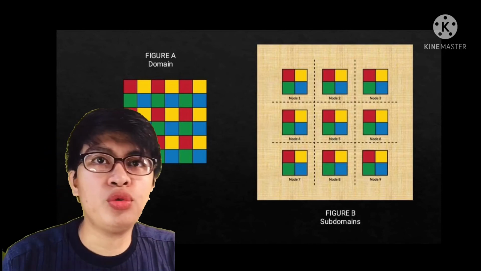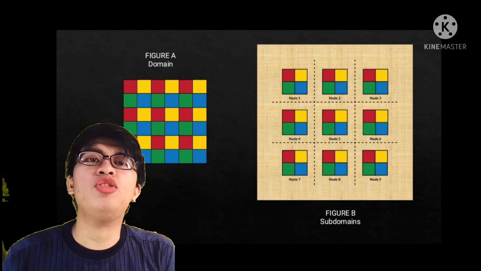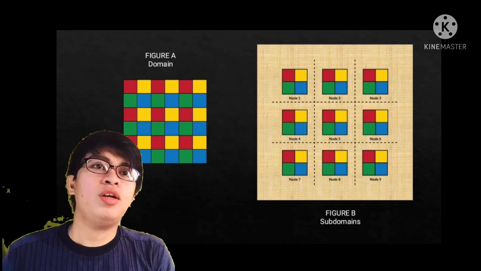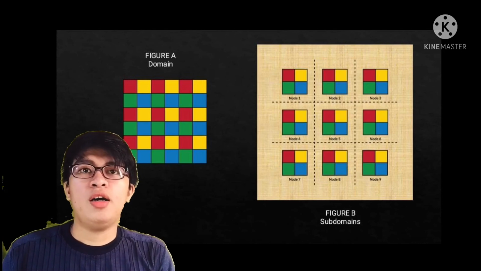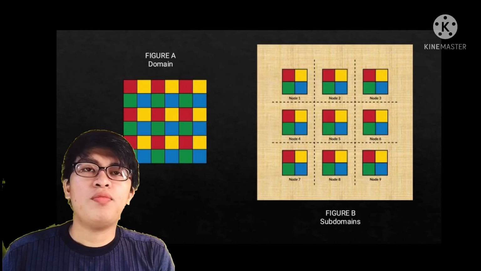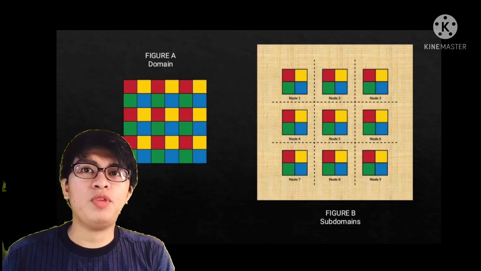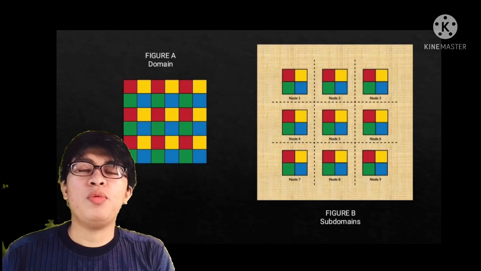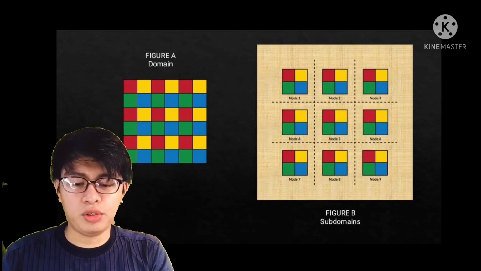Node 1 to node 2, node 3, node 4, node 5, until node 9 have different tasks and give them to other computer nodes.